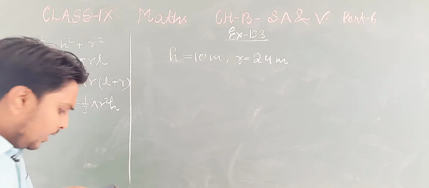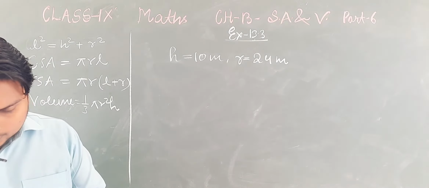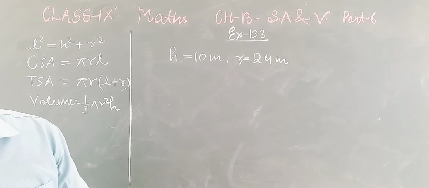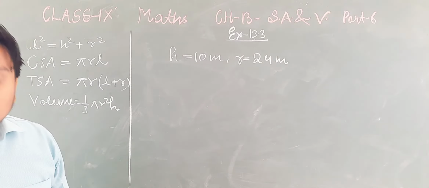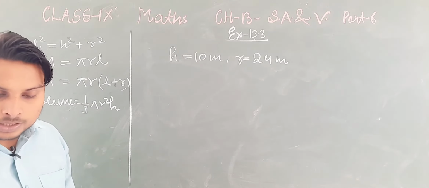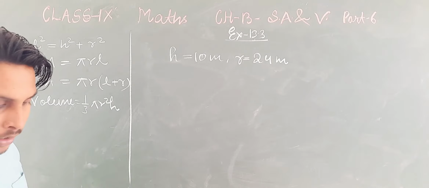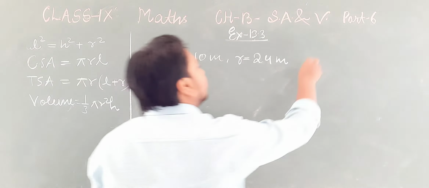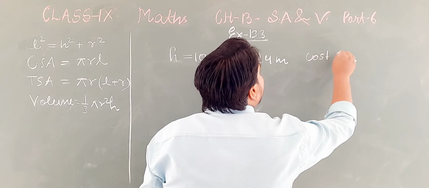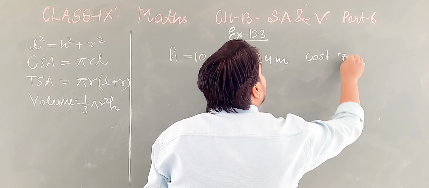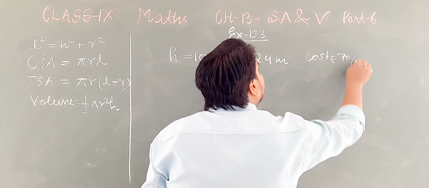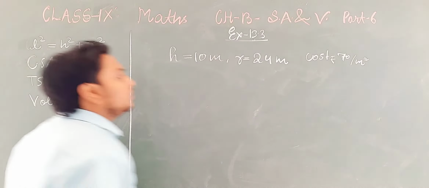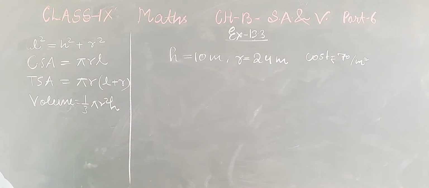Find the slant height of the tent and cost of canvas required to make the tent, if the cost of 1 meter square is rupees 70. Unit cost is given, that 70 rupees per meter square. So we have to find the canvas required to make the tent.